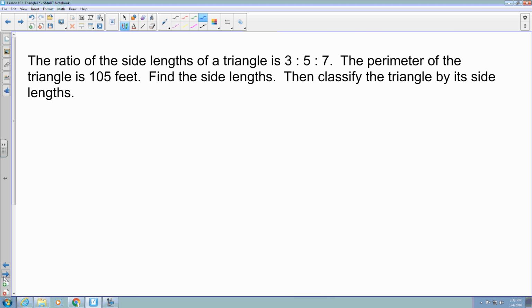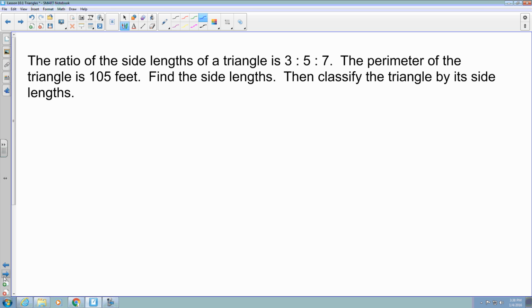Finally, we have a story problem here. It says the ratio of the side lengths of a triangle is 3 to 5 to 7. The perimeter of the triangle is 105 feet. Find the side lengths, then classify the triangle by its side length.